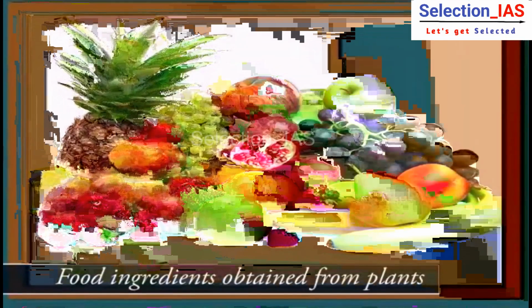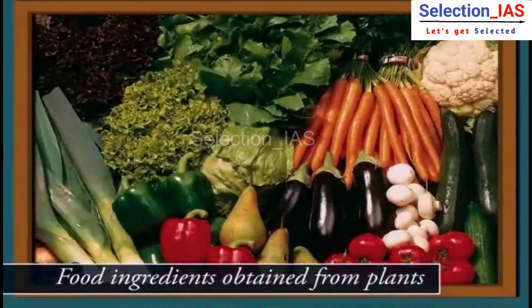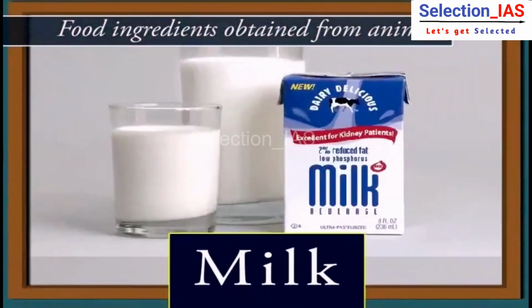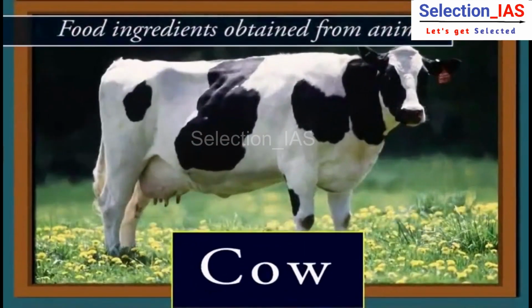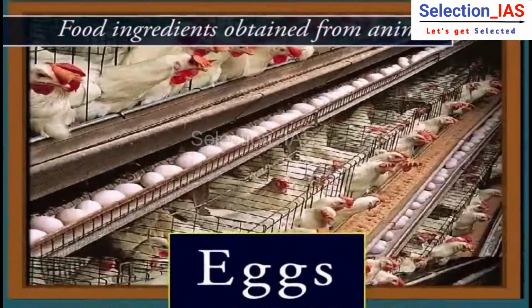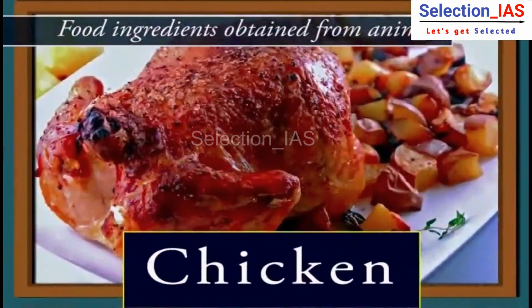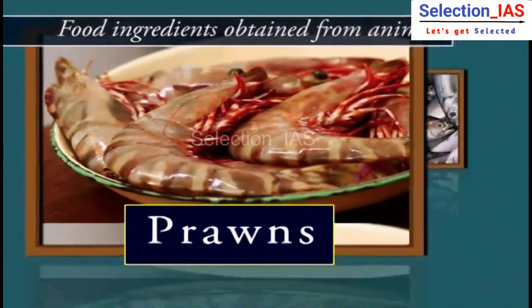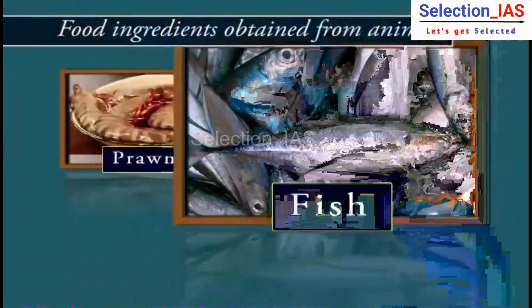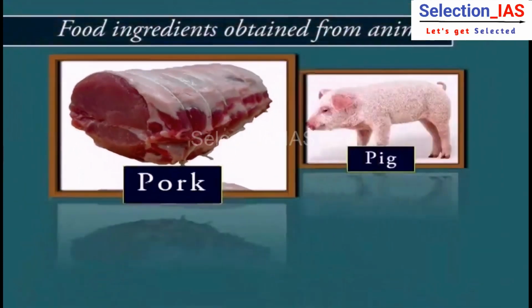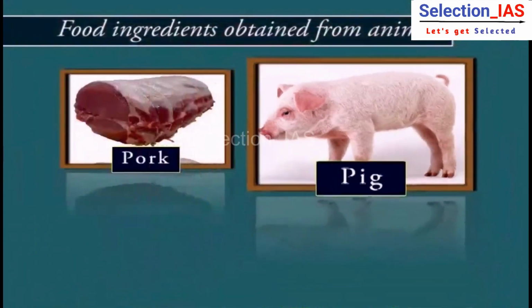Some food ingredients are obtained from plants and some, like milk, eggs, chicken, prawns, fish, pork and such others come from animal sources.